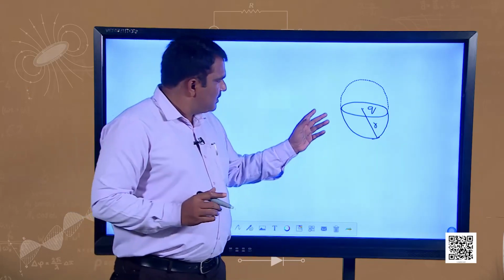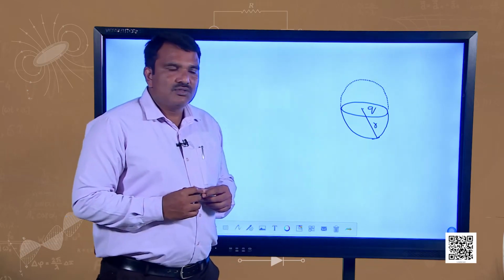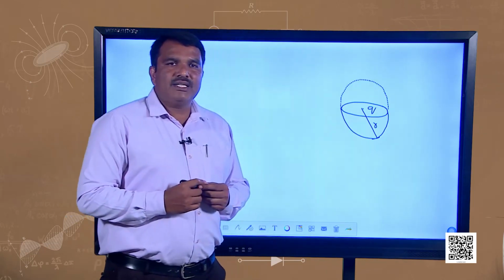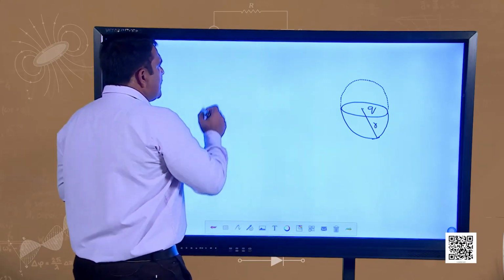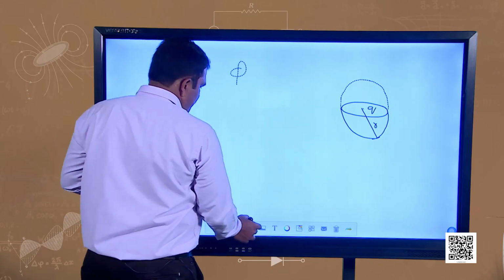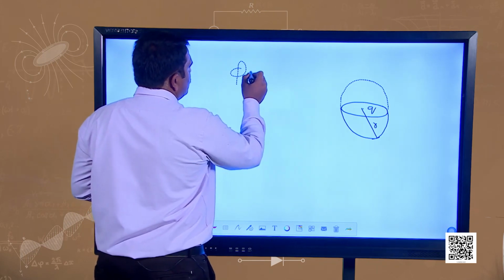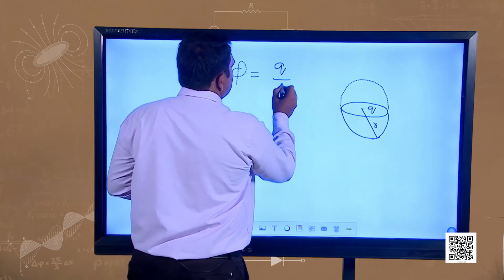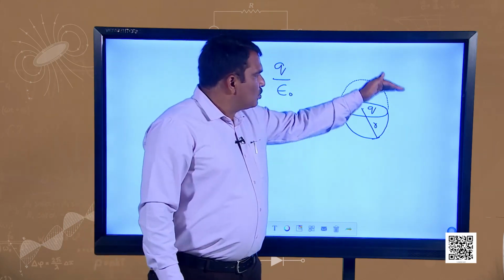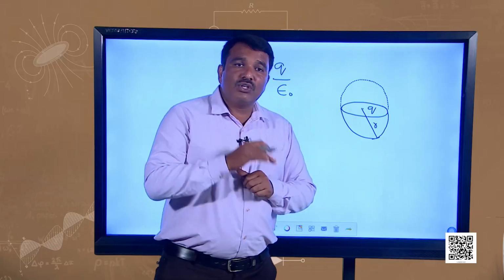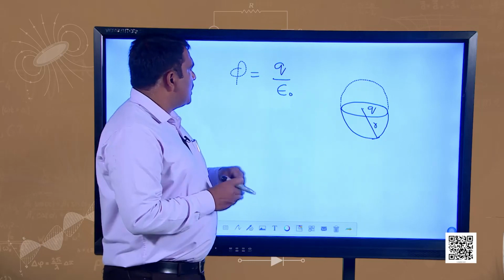Now, we can place another hemispherical ball over it so that this charge q comes in the center of a sphere, and from Gauss's law we know that flux passing through a sphere is equal to amount of charge enclosed divided by epsilon naught. So, this is the flux passing through the whole sphere. So, the flux passing through the hemispherical ball will be equal to half of this.